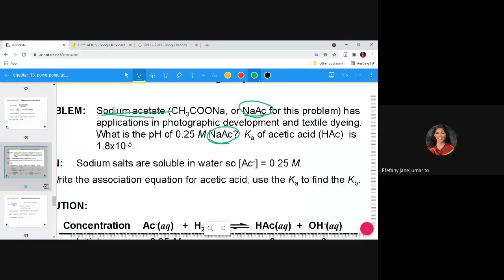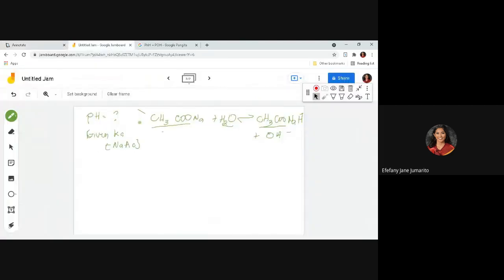Now, we are given Ka. Okay, we have the ICE table.